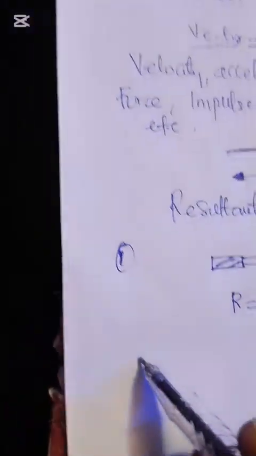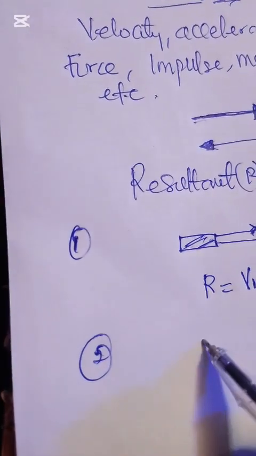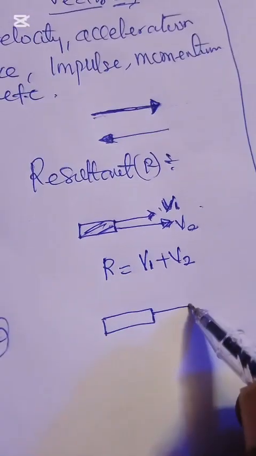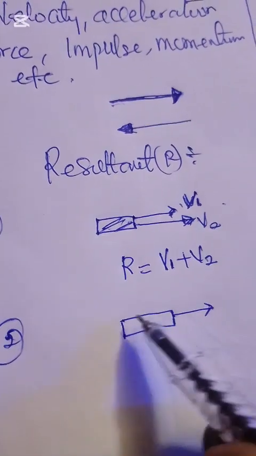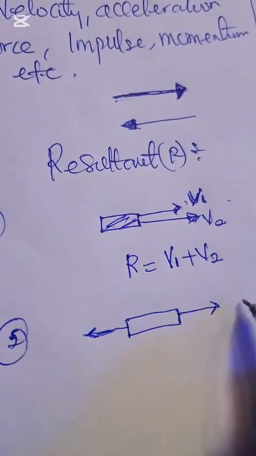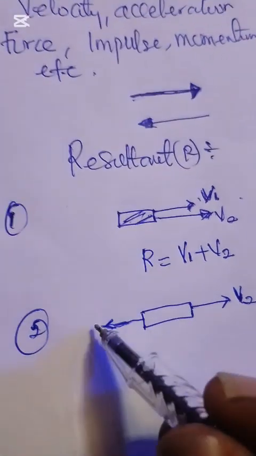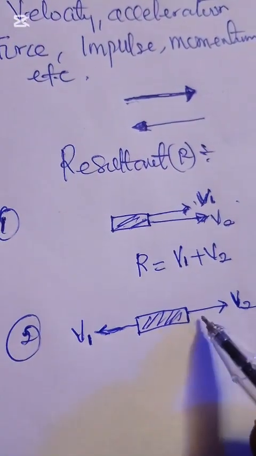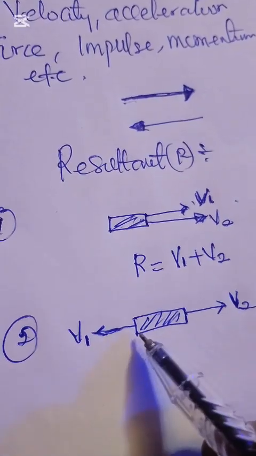The second thing you need to know is that when two vectors are moving in opposite directions, let's say this is v2 and this is v1. They are moving in opposite directions. This is moving due east and this is moving due west.